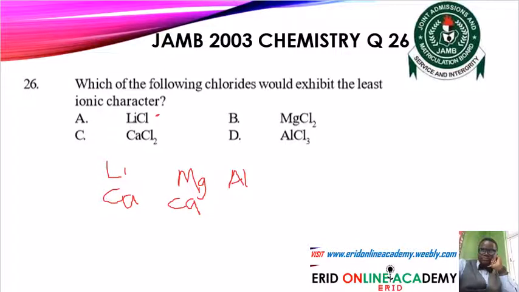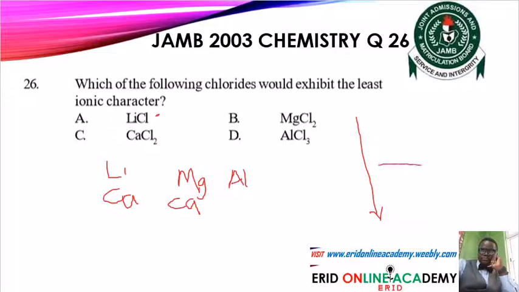So cast your mind also back to how metallic character changes in the periodic table. As you move down a group in the periodic table, there is an increase in metallic character from top to bottom.